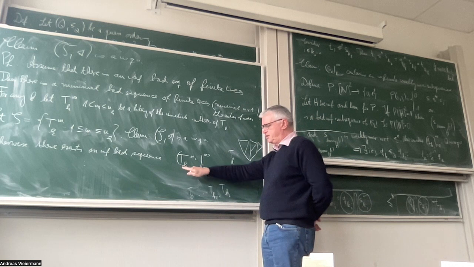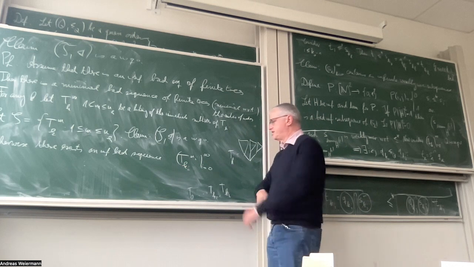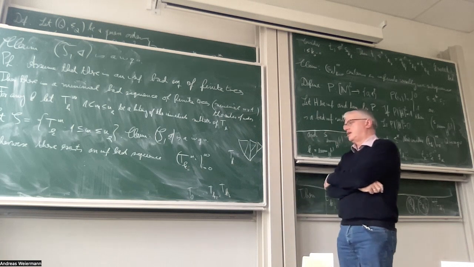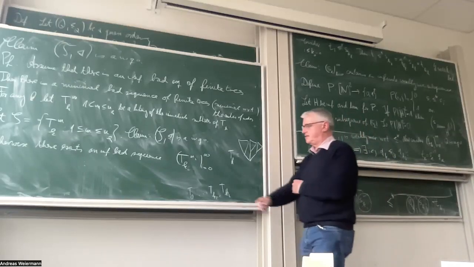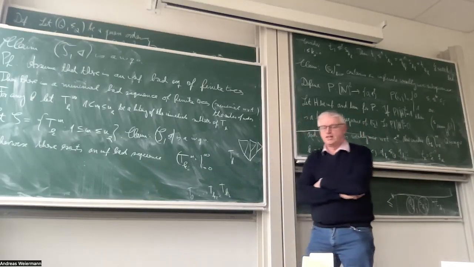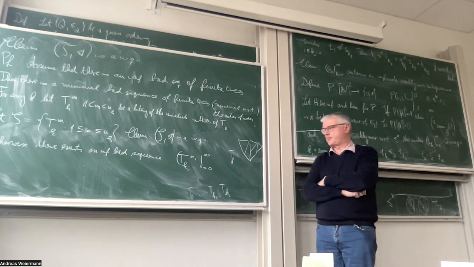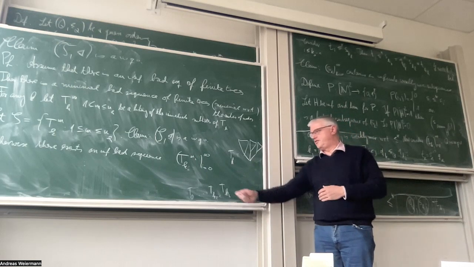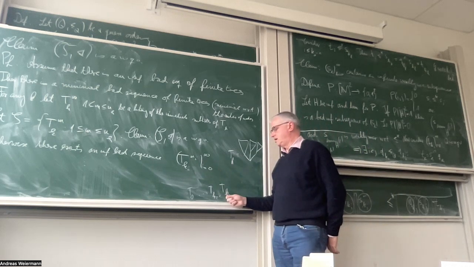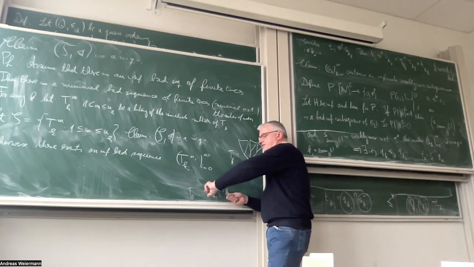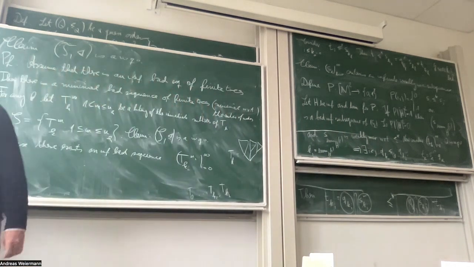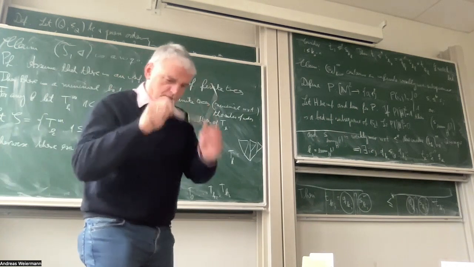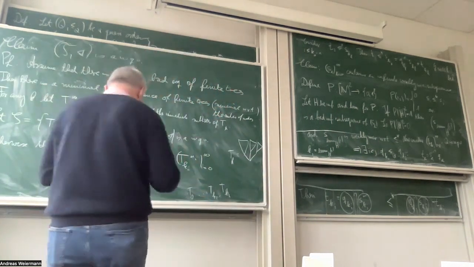So what I want to claim is, in this infinite bad sequence, we can basically find another infinite sequence such that the indices here, the ki, are strictly increasing. Why is this the case? Because if you fix some ki, if the whole rest of the sequence would stay here, then I would find an infinite bad sequence in a finite set. This does not exist by pigeonhole principle. So it's a complication, but not a difficult one.